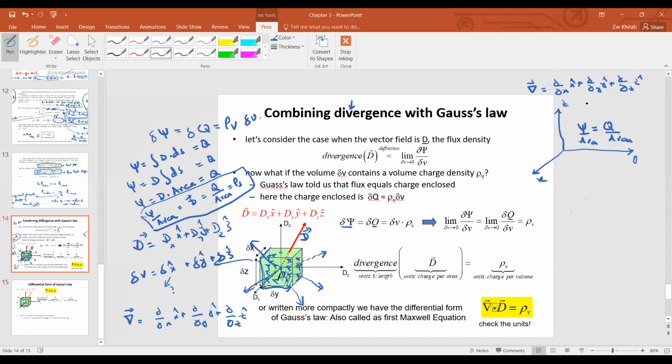If you see closely, what is partial by partial x?